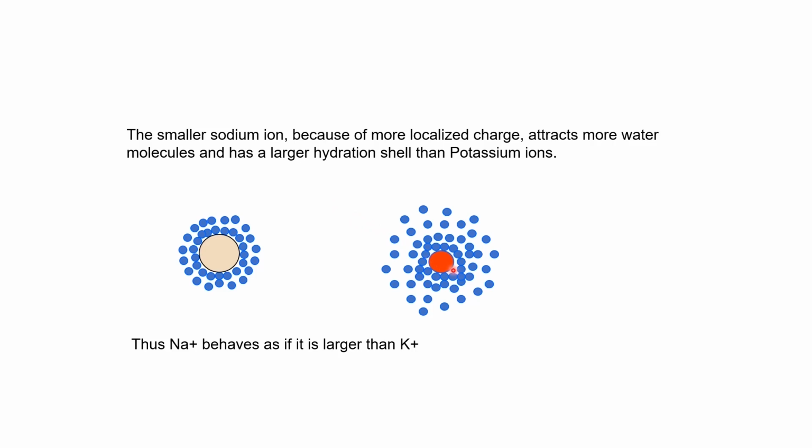The atomic size of the sodium ion, shown in red here, is smaller than that of the potassium ion, shown in yellow here. Because the same charge is localized in a small region, it tends to attract more oxygen atoms towards it. As a result, the overall hydration shell for the sodium ion is actually larger than the hydration shell for the potassium ion.